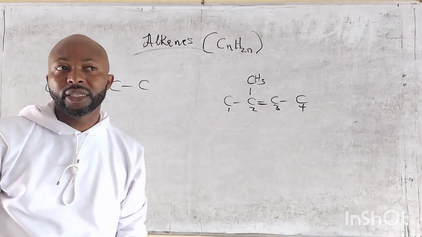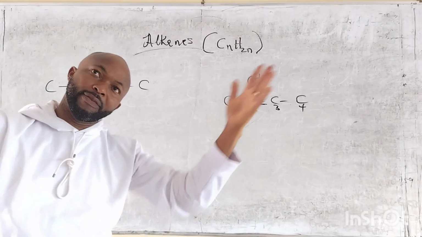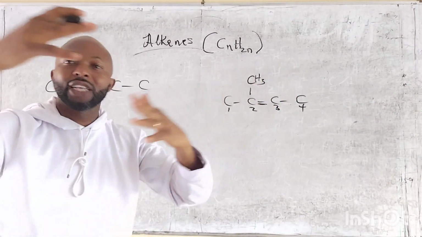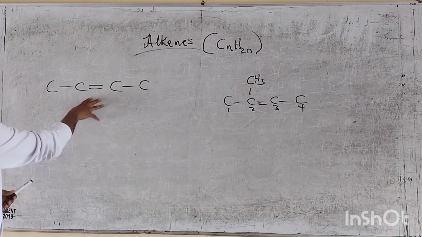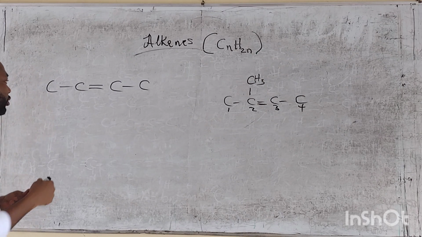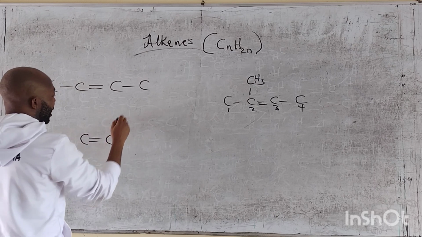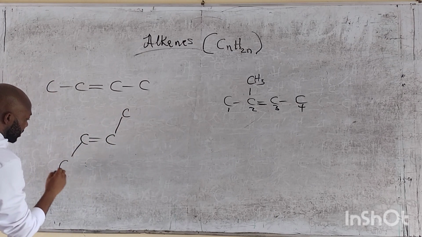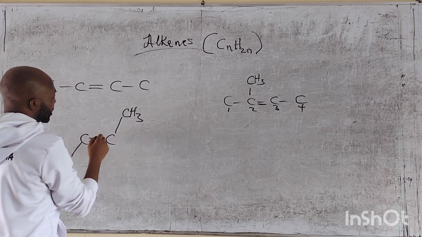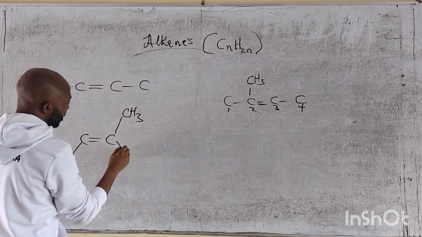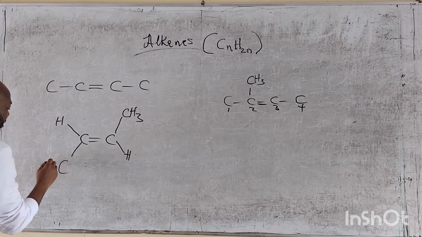Cis arrangement means the substituents are arranged in the same manner, on the same side, while trans, they are arranged in the opposite manner. Let me take this, for example. If I want to write this in terms of geometric isomerism, I have my double bond here. These two carbon atoms are having that. I have this and I have this. Now, remember this is CH3. This is 1, 2, 3. One hydrogen here. One hydrogen here. And this is my CH3 here.